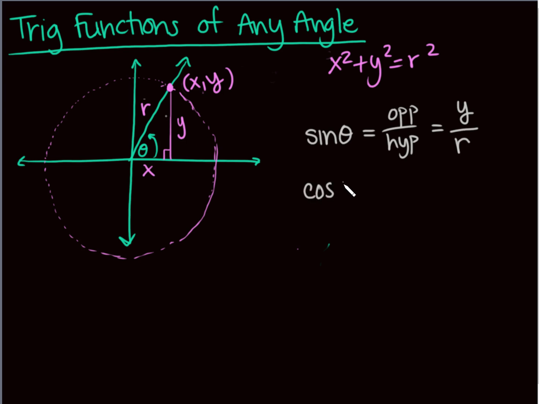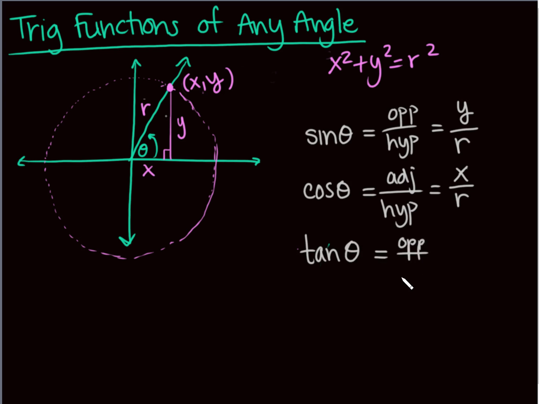Cosine of theta is adjacent over hypotenuse. In this case, adjacent for theta is x, and then that's over r. And then the tangent of theta, which is opposite over adjacent, is y over x.